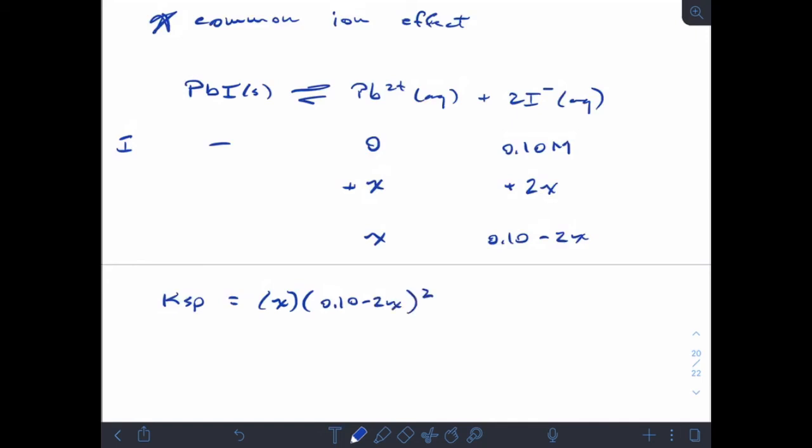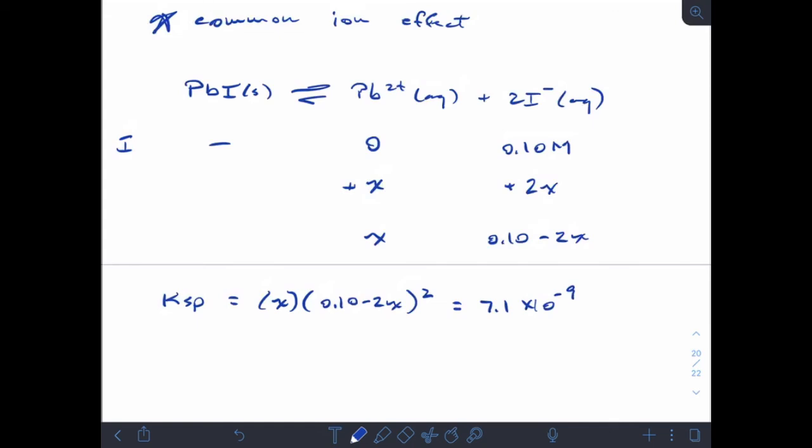Right, and that was equal to, sorry, I lost the number. 7.1 times 10 to the minus 9 was the Ksp.